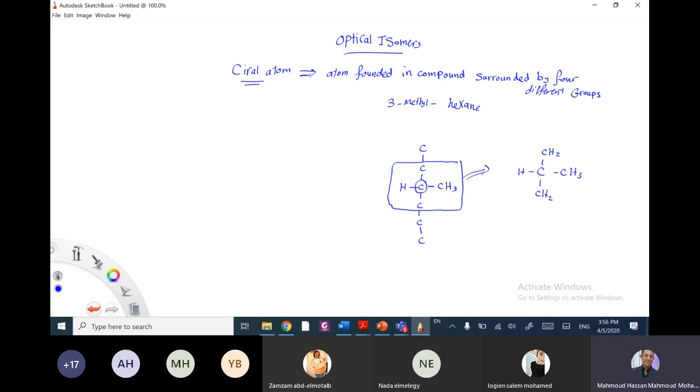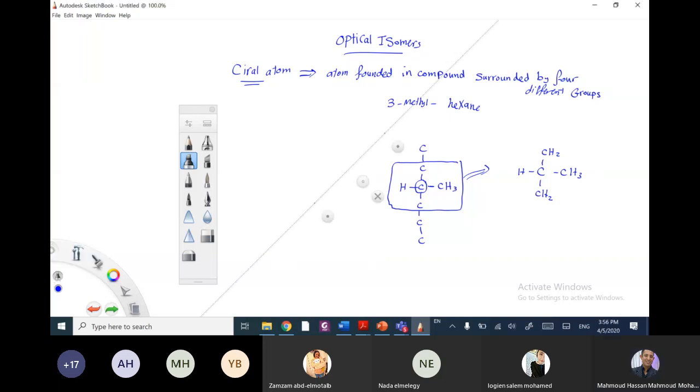Right. What is the problem for the chiral atom? If we look at the chiral atom in the mirror, if we put a mirror in front of this compound, this line represents the mirror.